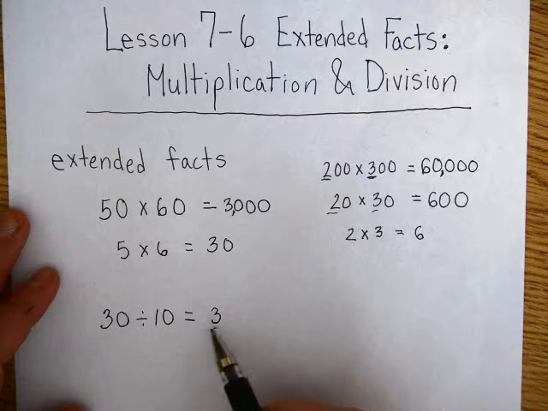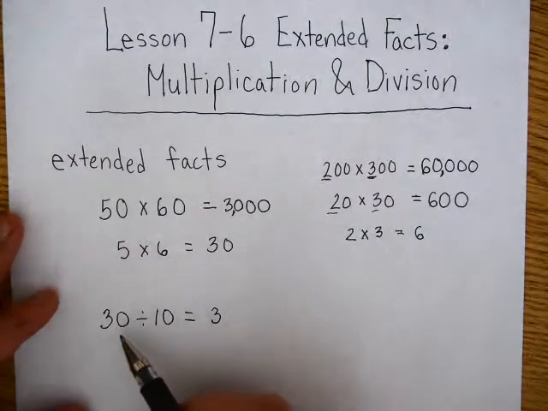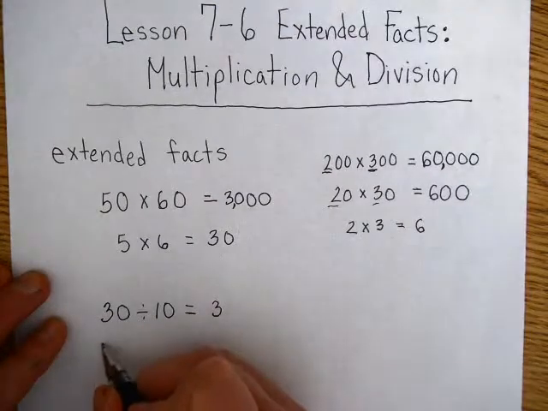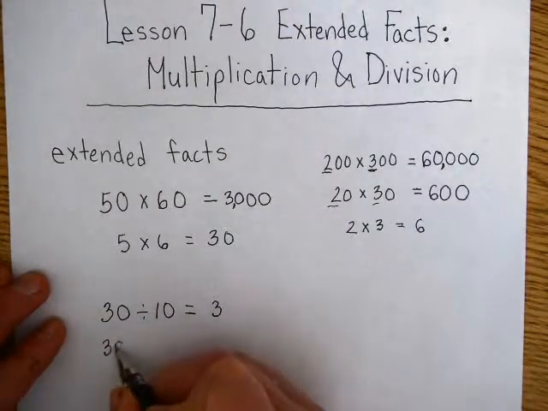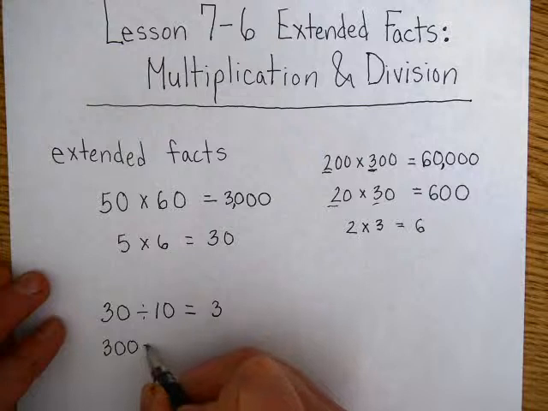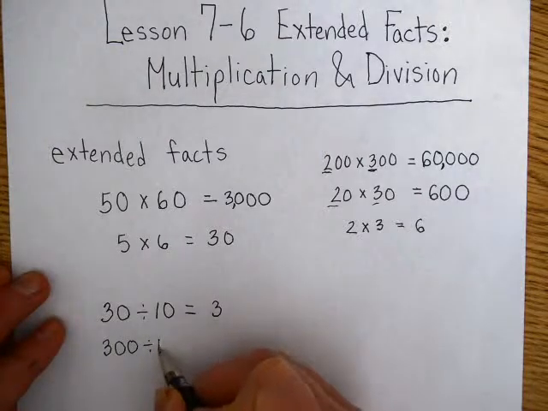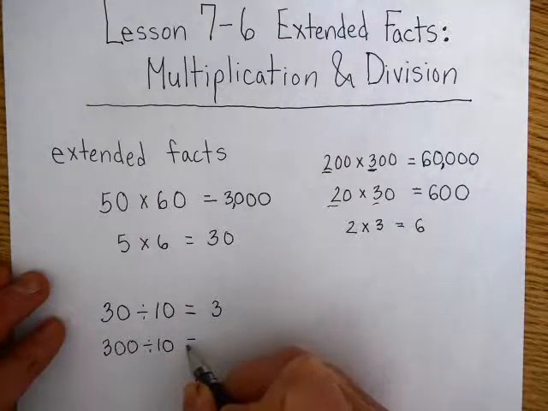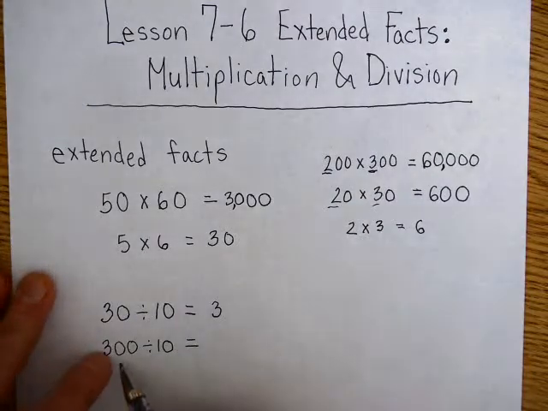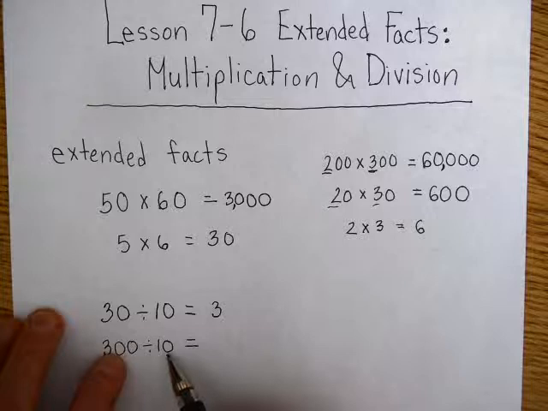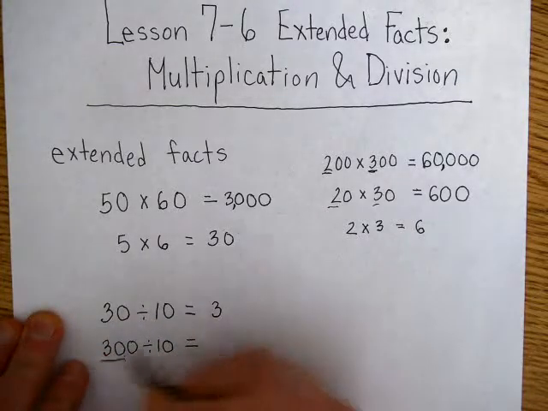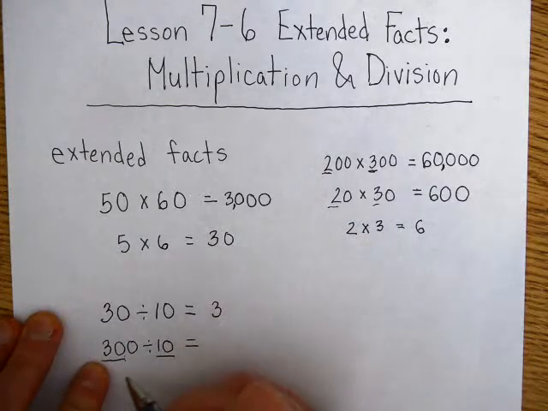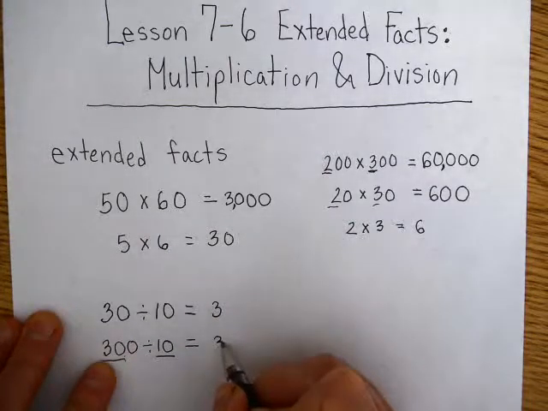And I can check that. 3 times 10 is 30. If I want to do an extended fact of that, maybe I want to do 300 divided by 10 equals. For these extended facts, I know that 30 divided by 10, and I underline the basic fact that I know, 30 divided by 10 is still 3.